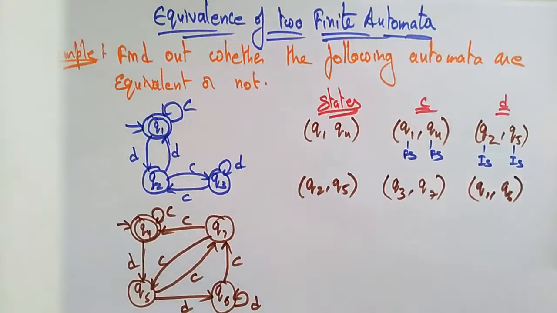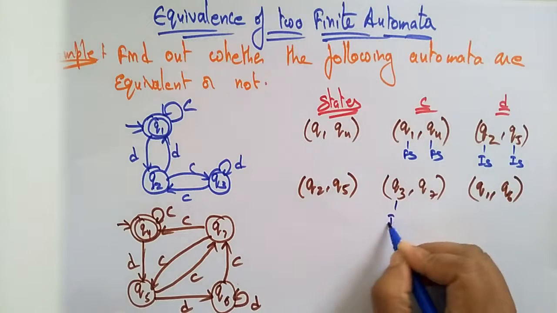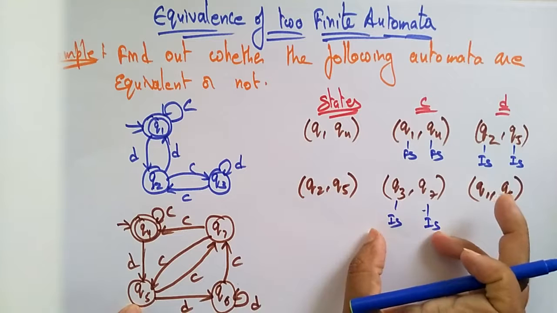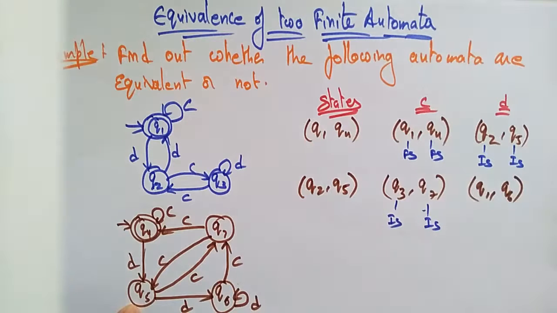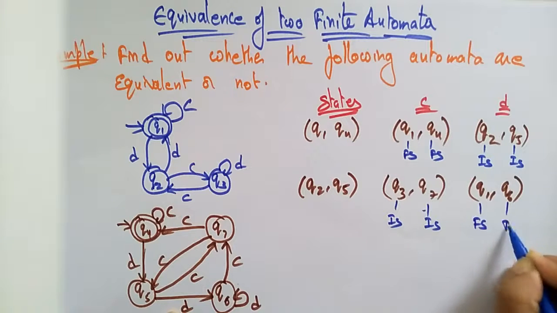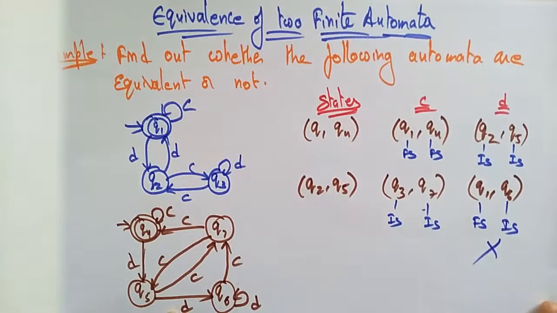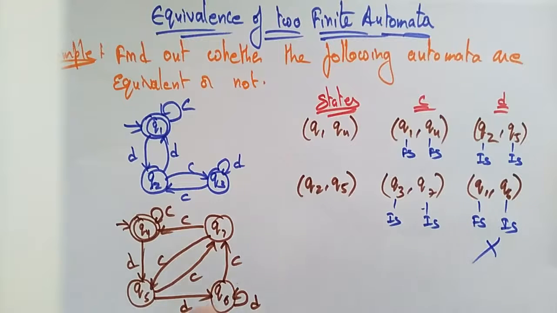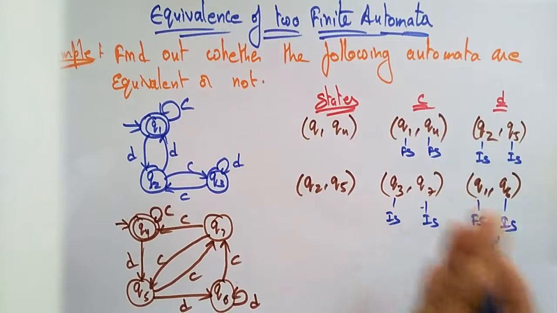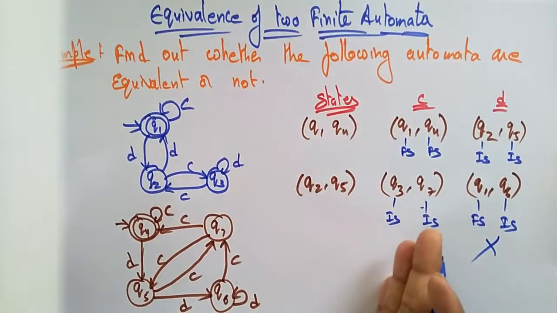Here Q3 is an intermediate state and Q7 is also an intermediate state, so both are intermediate, no problem, that is equivalent. Coming to Q1, which is a final state, and Q6, which is an intermediate state.